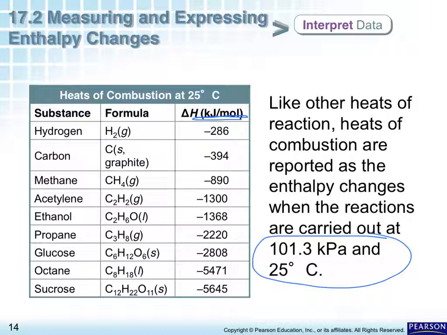So the amount of energy stored in octane, which is a major component of your gasoline, is actually less than the energy stored in the bonds of sucrose. I think that's kind of interesting. You know, the glucose and sucrose, the sugars, store just as much, if not more, energy per mole than the fuels that we burn for our cars. So the fuel we burn for our bodies actually contains more energy than the fuel we burn for our cars.